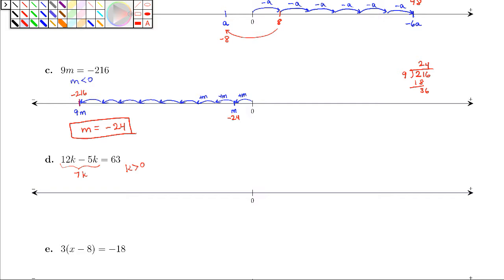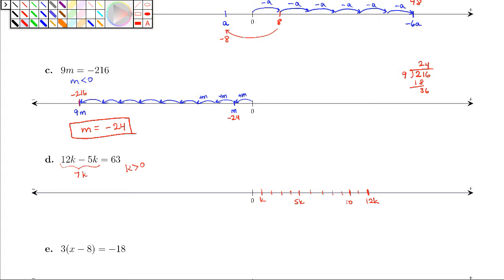So I'm going to put k here. And I'm going to actually make it kind of small because I want to draw that 12k minus 5k. So if this is k, how about if I don't draw all of those humps? So 1, 2, 3, 4, 5 k's here, 6, 7, 8, 9, 10 k's here, 11, here's 12 k's.